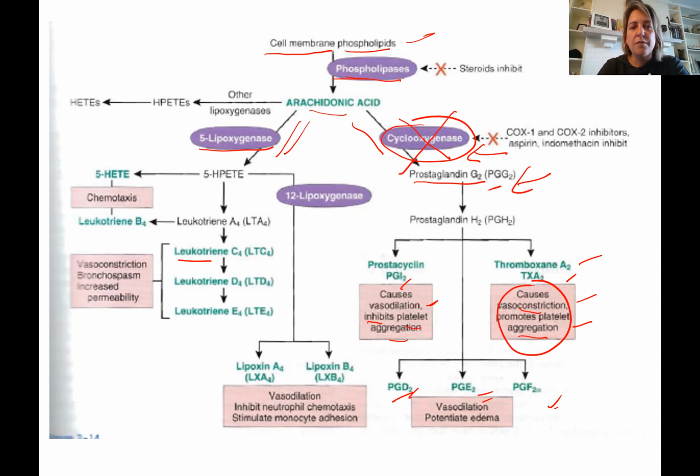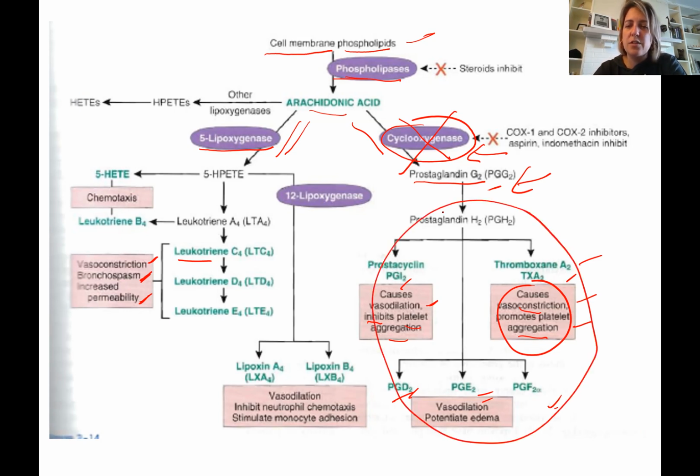The other side of the cascade is the lipoxygenase cascade, and this is going to form leukotrienes, and a lot of them are going to cause bronchospasm. Okay, there's going to be increased permeability in these blood vessels. There's vasoconstriction happening. So you can see how this side of the cascade is not even talking about lungs, okay?